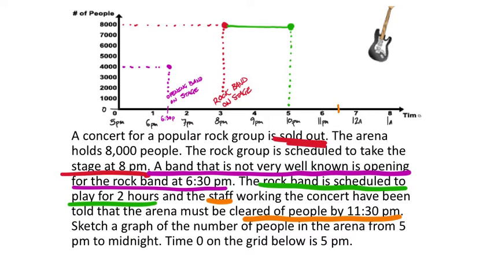And again, this is just my interpretation, but that's 11:30 p.m., right? I'm going to say there's still some people running around. Maybe there's a mosh pit somewhere, people punching each other, and I don't know how those rock concerts work, okay? But I'm going to put this point right here, and that's when they're supposed to be empty. It's supposed to be empty.